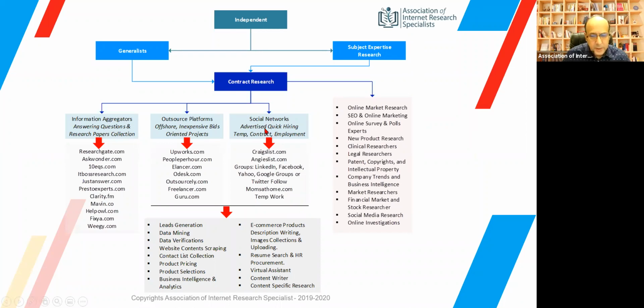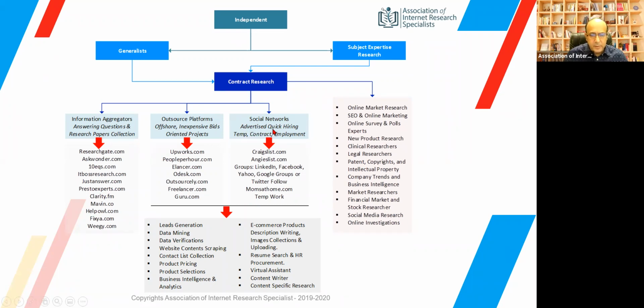One is social networks, advertised quick hiring, temps, contracts. These are just a short, quick view, giving you an idea of the type of services that are split. So social networks could involve different types of research, and we have not itemized it right now, but let's consider social networks as one target market.